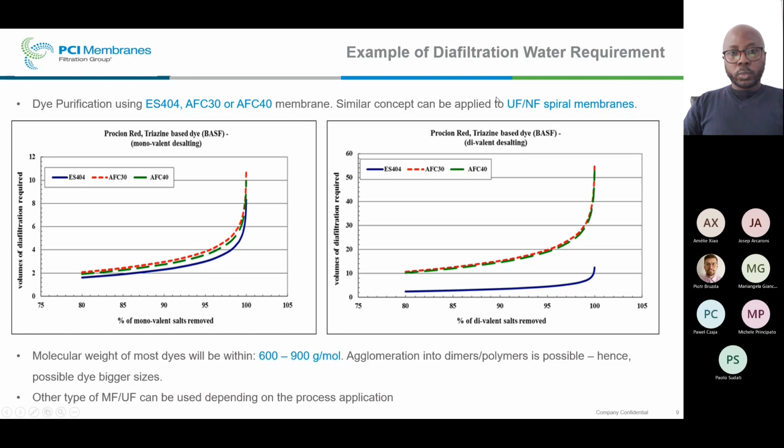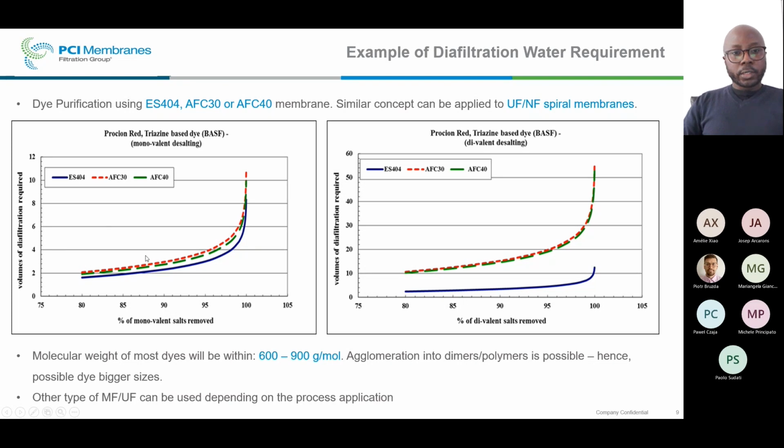But of course, PCI Membranes also supply spiral membranes, which could be used for these types of processes. We have a number of spiral membranes, when talking about ultrafiltration or nanofiltration, with similar cutoff ranges that could also adopt similar concepts with regards to adding water, of course, the concept of dye filtration to help to desalt the dye.